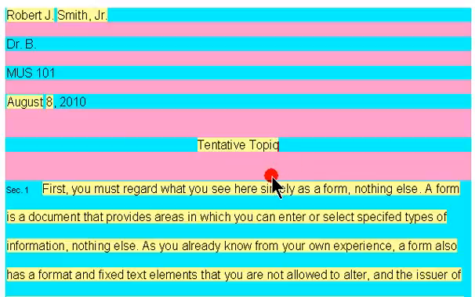Now the final step that you need to take for the manipulation of the form for this assignment is to enter your tentative topic. Notice that I have clicked my cursor after the C in topic, that it is blinking there, and then I slowly backspace through the word. Again, people, what's the rush?